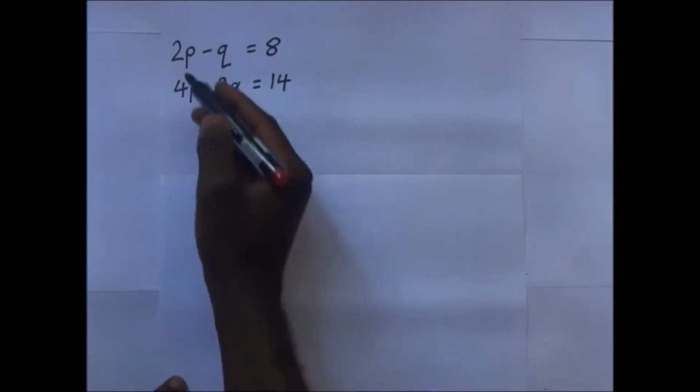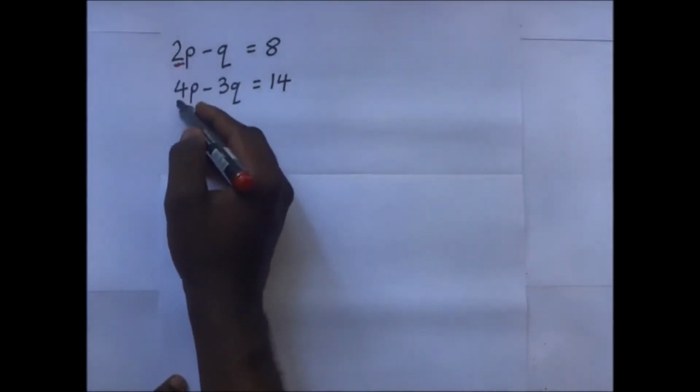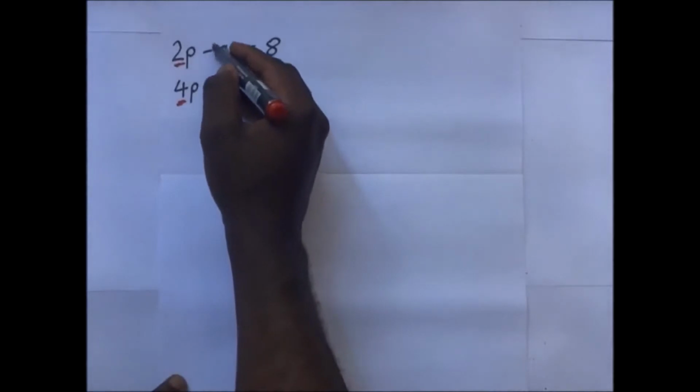We have 2p minus q is equal to 8, 4p minus 3q is equal to 14. We are required to find the values of p and q in that simultaneous equation. So we are going to extract our matrix by extracting the coefficients of those unknowns. The coefficient here is 2, here is 4, here is -1, here is -3.